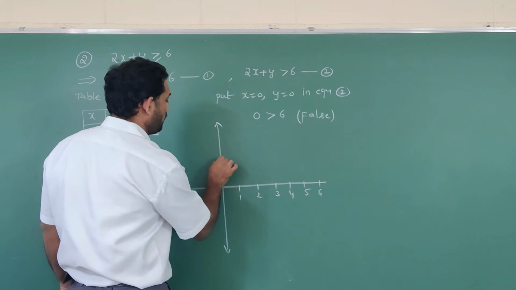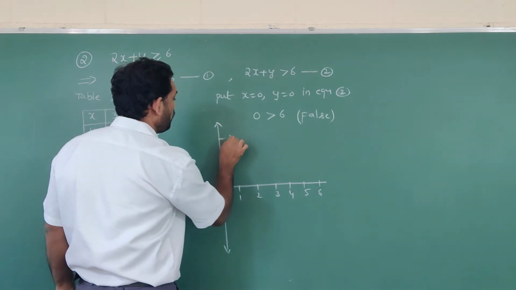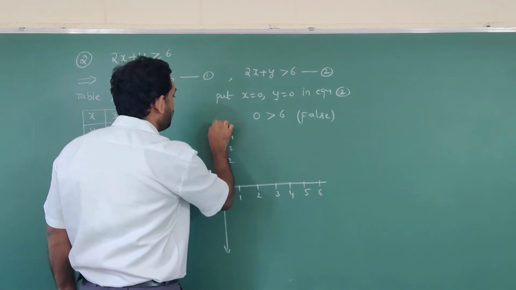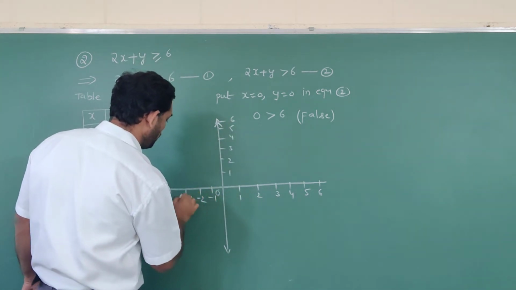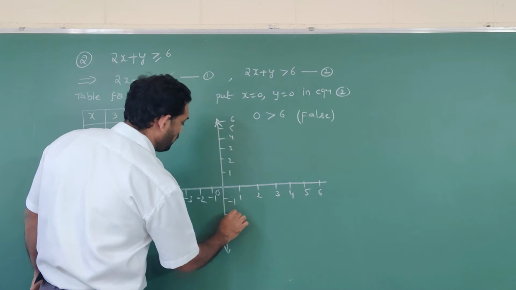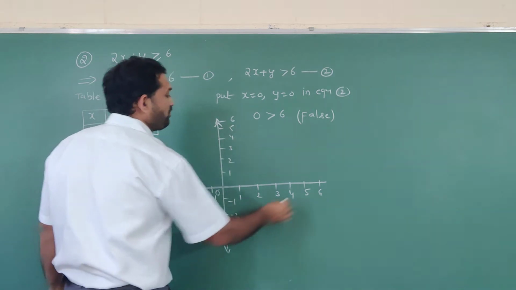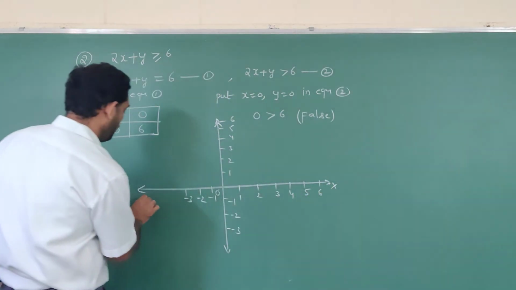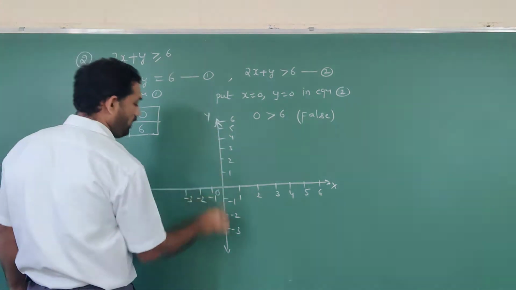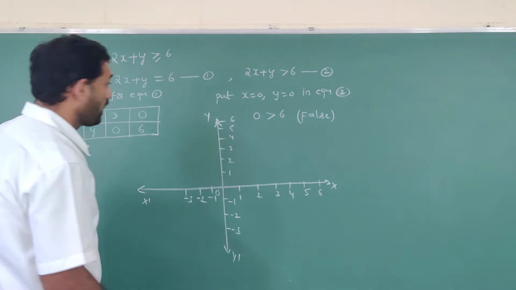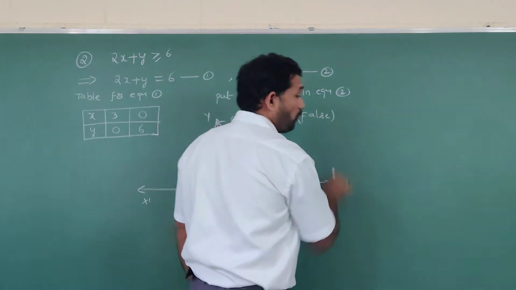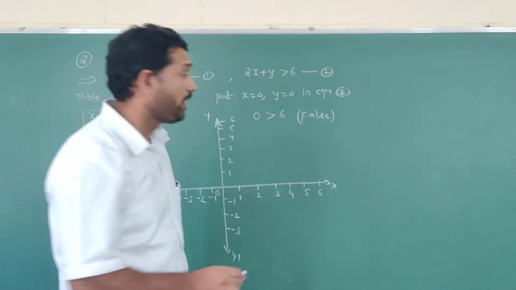So this is 1, 2, 3, 4, 5, 6. Then minus 1, minus 2, minus 3 on both axes. X dash, y dash. Okay? After that, you write the scale beside the graph, on one side of the graph book.